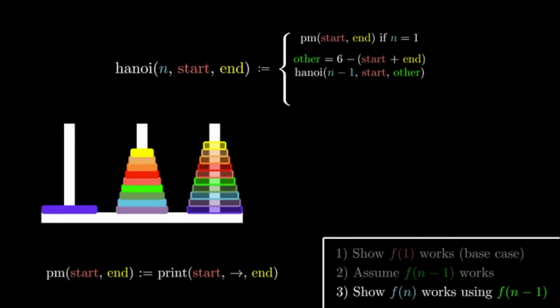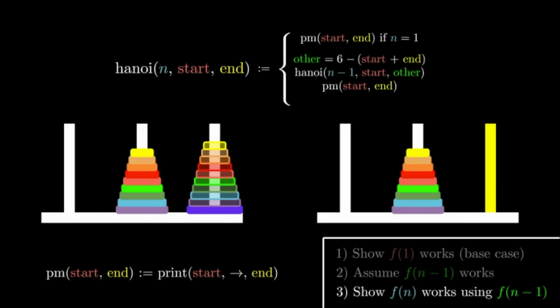Once we've completed this step, we can then proceed to moving the last disk from the start to the end. This corresponds to a call to print move with the arguments start and end. And now the final step is to move the top n-1 disks from the middle rod to the destination rod. This subproblem is essentially the same as solving Hanoi for n-1 disks, where the start rod is the middle and the end rod is the last rod.